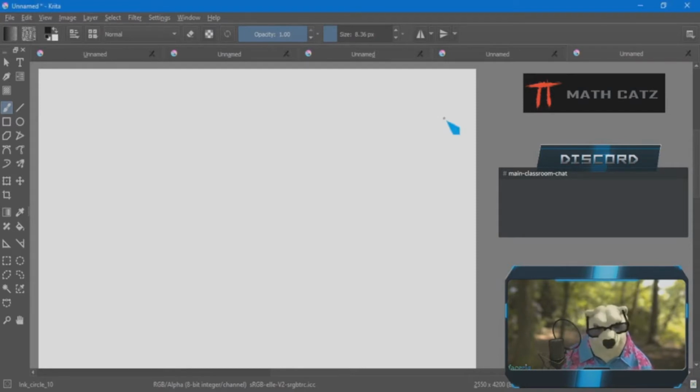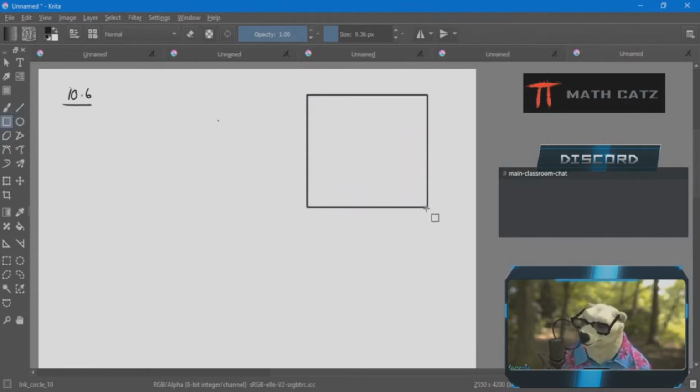Okay, so now I want to do 10.6. And I want to draw a little diagram here. Let's get a square. Nice big square. And what's going to happen is I don't have a square. It's a rectangle.